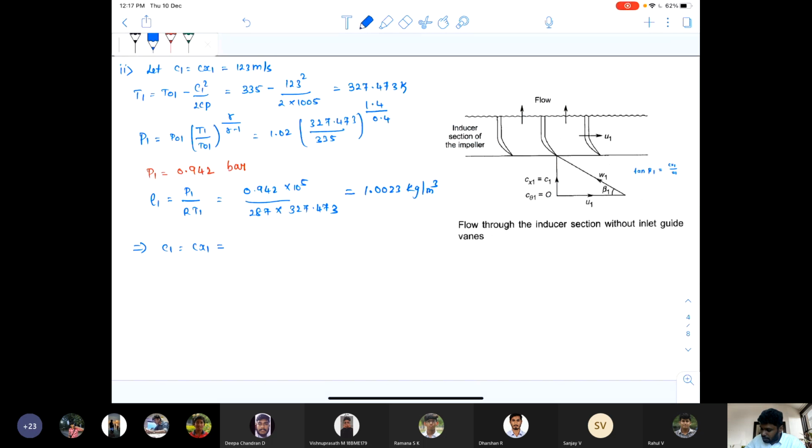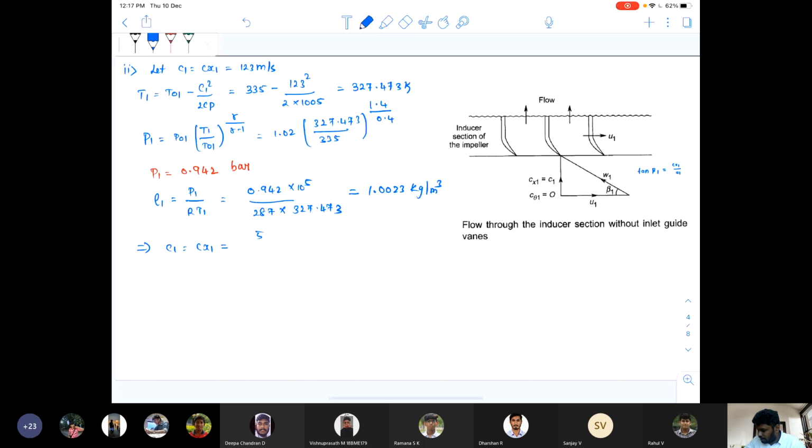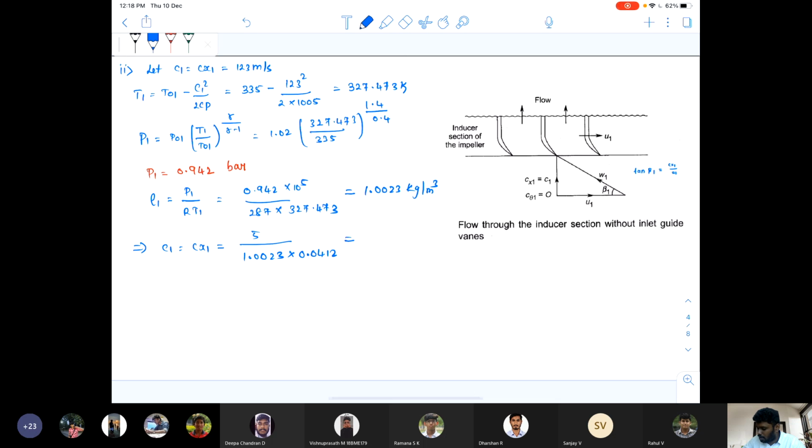Therefore, mass flow rate is 5, divided by density, which is 1.0023, into area, which is 0.0412. If you calculate, you will be getting the value of 121 meter per second.